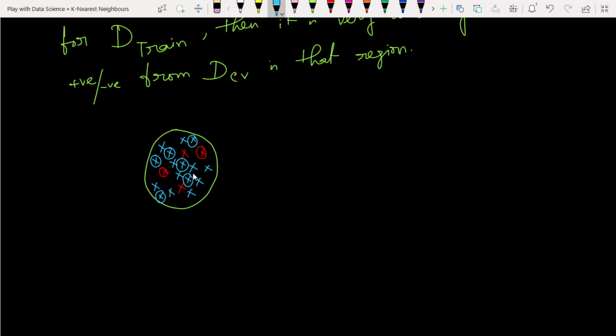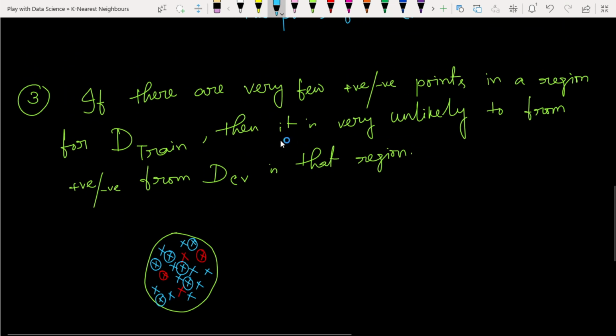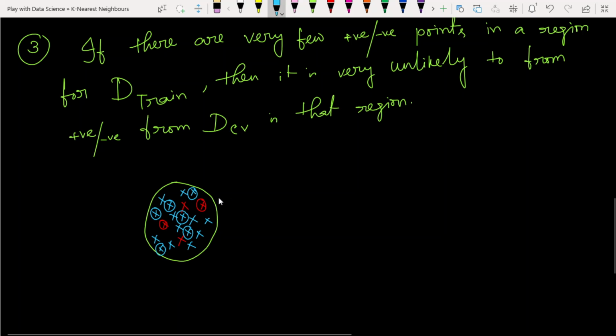If the chance is there for few points from our training data, the same chance is also true for our cross validation. So let me write this here, using the red color.